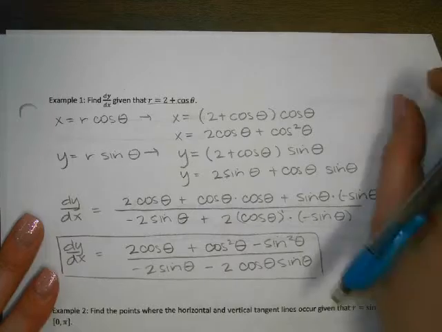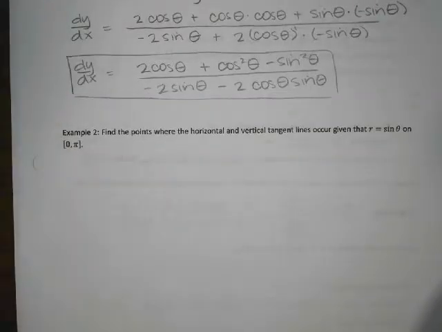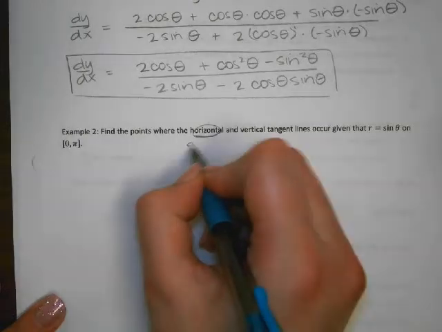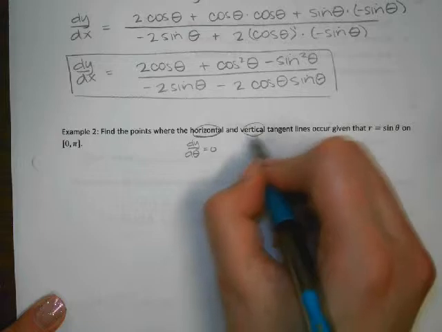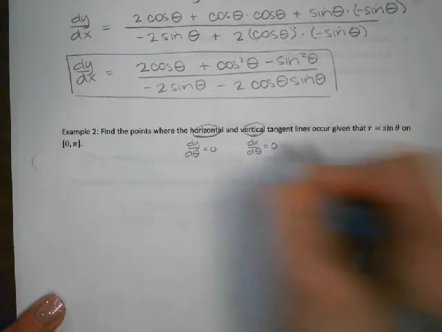All right, so example 2 says find the points where the horizontal and vertical tangent lines occur, given that r equals sine theta. Okay, so we're just going to recall that horizontal tangents are when dy d theta equals 0, and vertical tangents are where dx d theta equals 0.